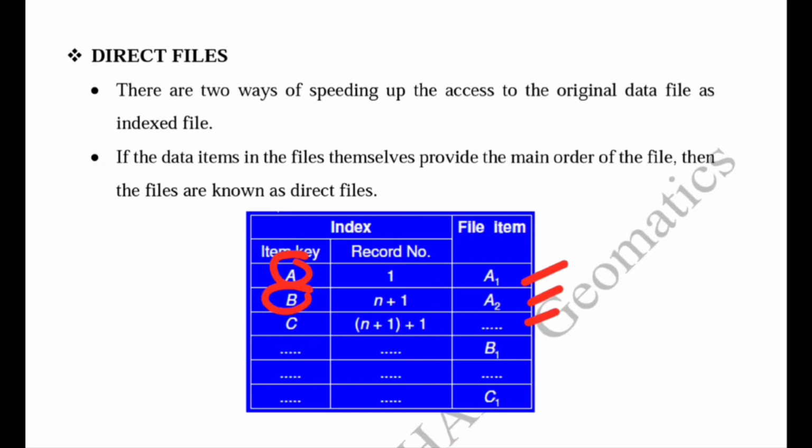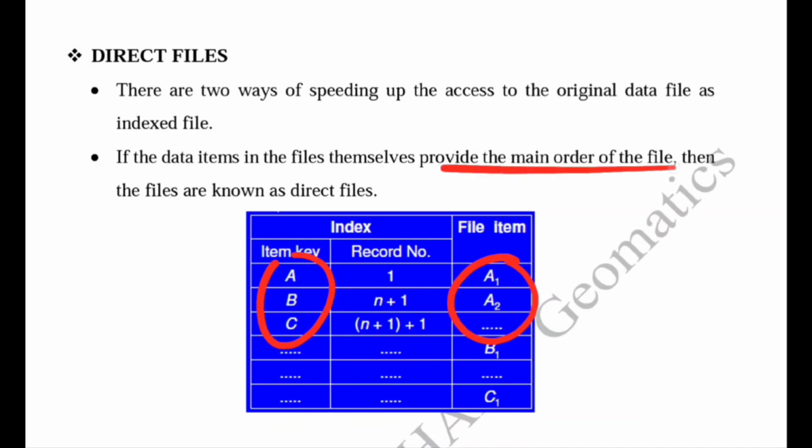A, B, C are the numbering, and the number of recorded data may be a huge amount. That numbering of the trees gives them a specific entity so they can be easily searched. If they provide themselves in the main order of the file, they are easily stored in that format. So these are the examples of direct files.